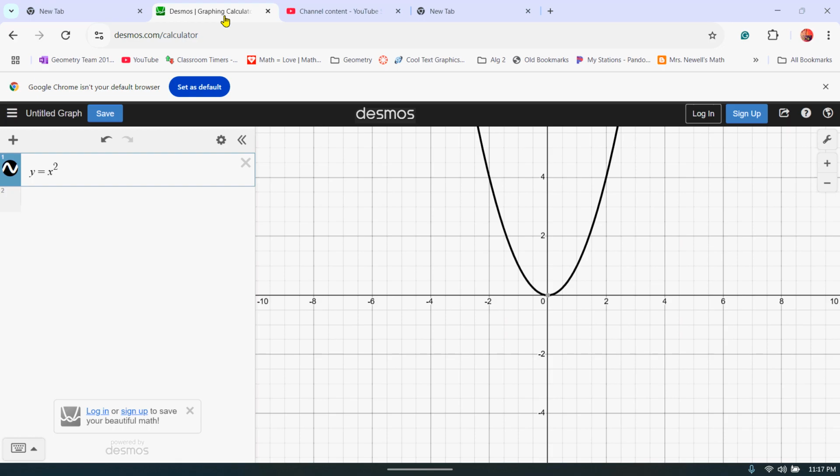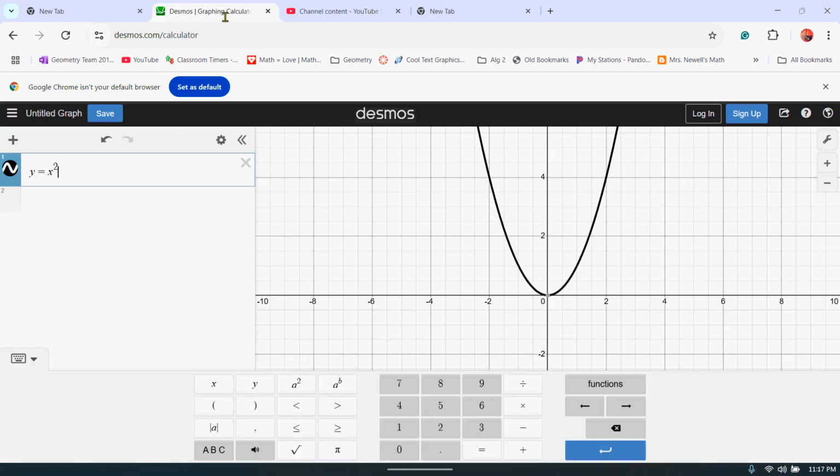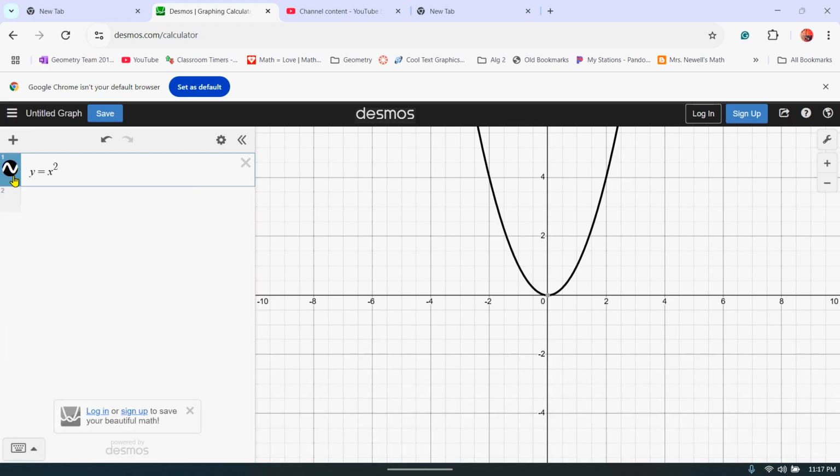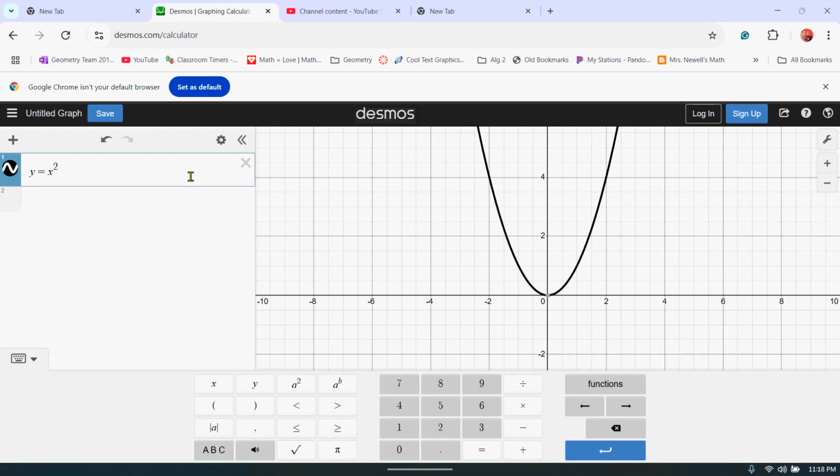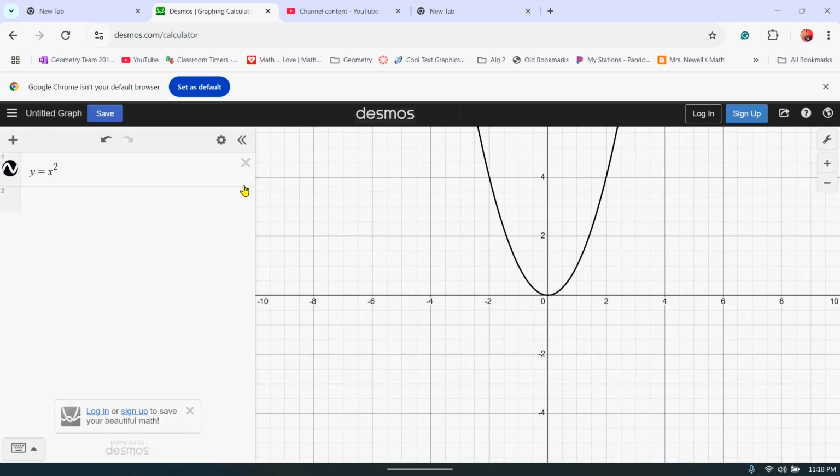I think if I hit the settings, nope. I forgot where it is. There's a way I can change the color. Let me get my cursor. Hold on. I don't see it. Nope, it's not that. Duplicate? No. It's not opening.